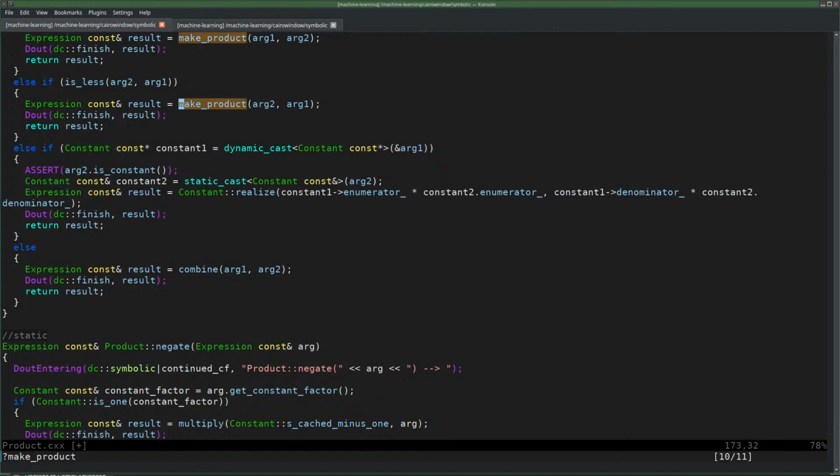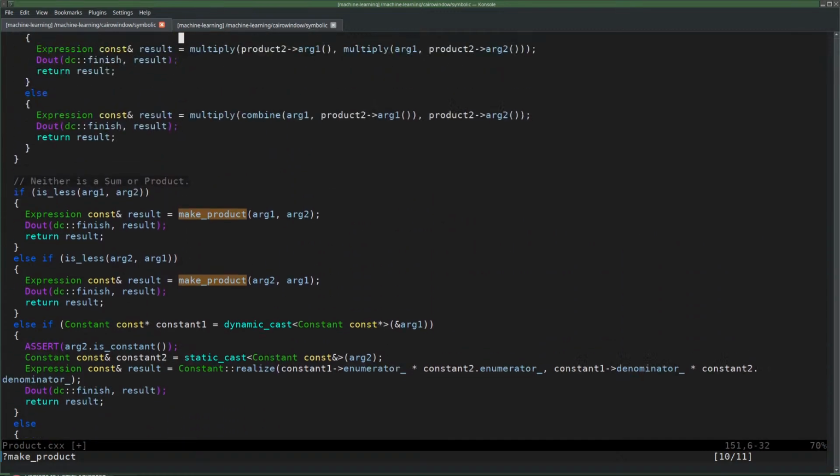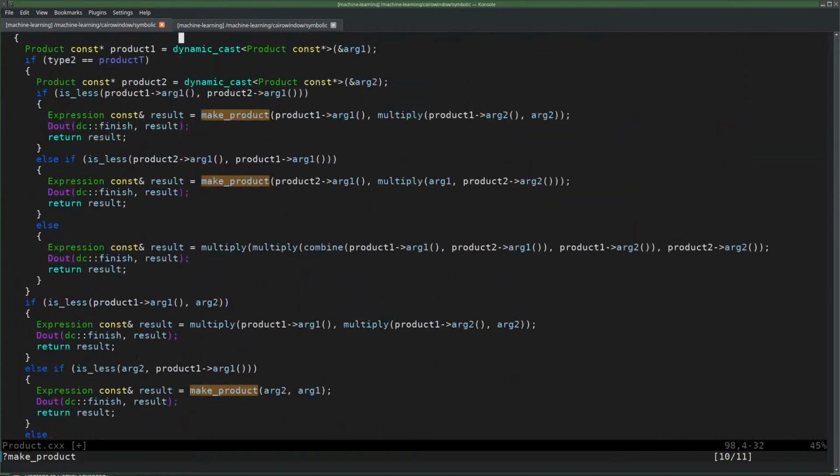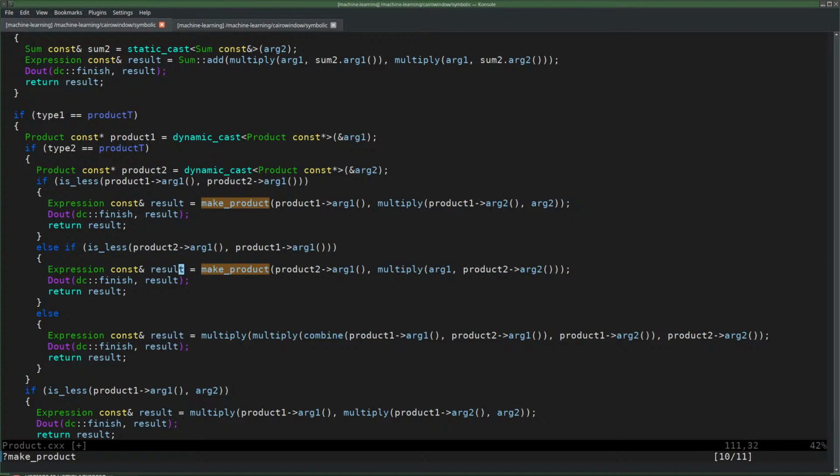Or make product that takes a multiply. Suspicious. For example, this multiply probably might become a constant, in which case we have a problem. So I'm just going to use multiply instead of make product. Slower, but it's functional.